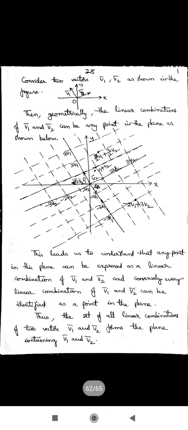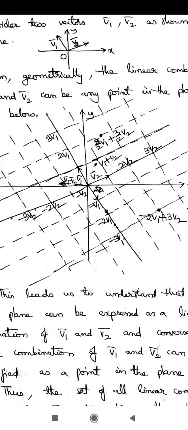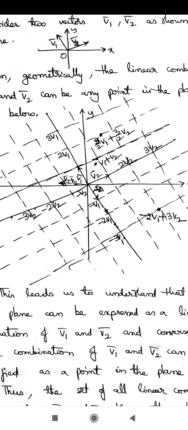Now going to the geometrical interpretation of this example, consider the two vectors v1, v2 in the figure like this. They are in the xy plane, v1 in the second quadrant, v2 shown in the first quadrant.